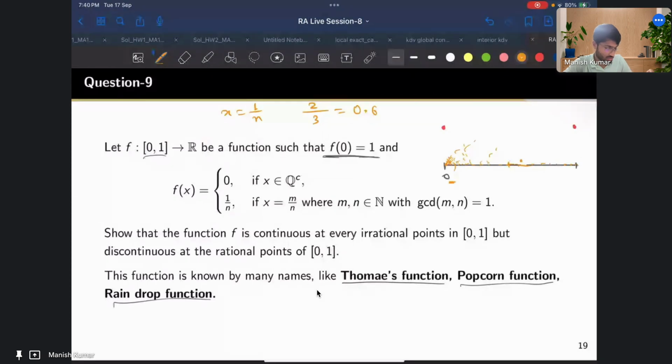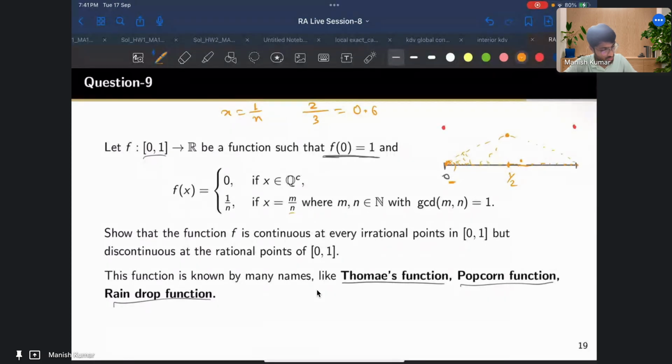I don't know how to draw it properly, but what I mean is, let's evaluate at half. At half the value would be half, right? Because this is how we define it. So this will be converging like this.